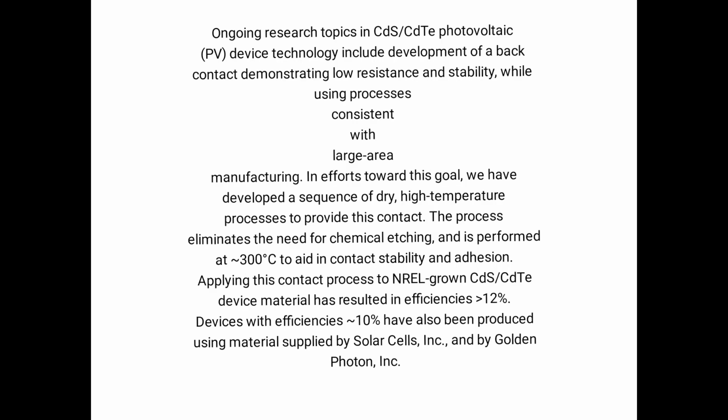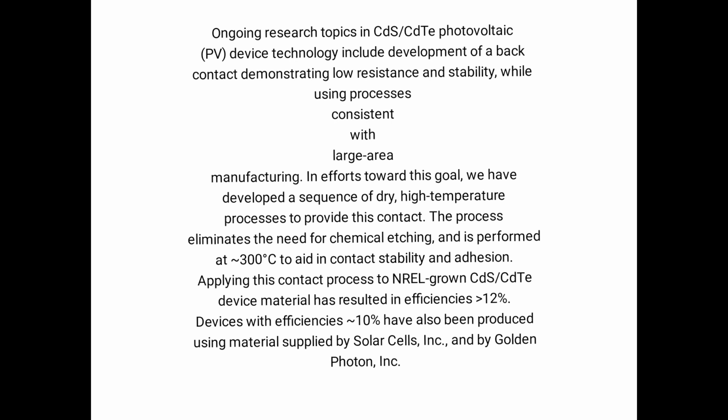Ongoing research topics in CdS/CdTe photovoltaic. The full form of PV is photovoltaic. Device technology includes development of a back contact demonstrating low resistance and stability while using processes consistent with large area manufacturing.